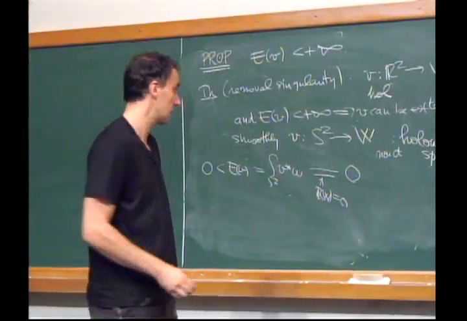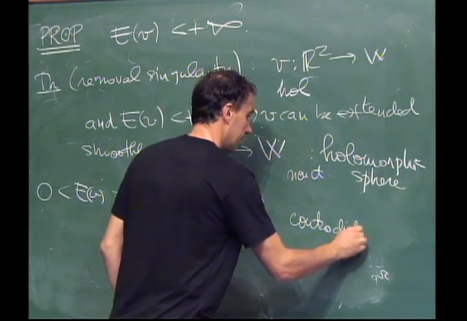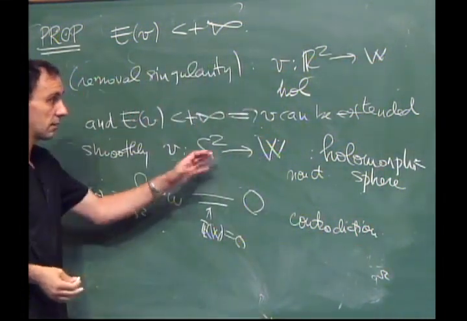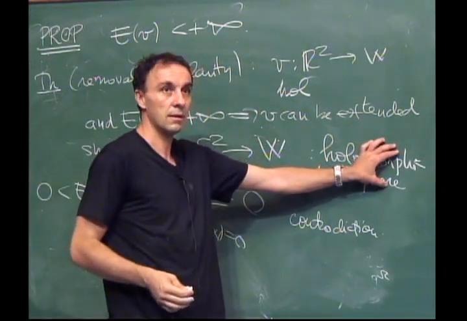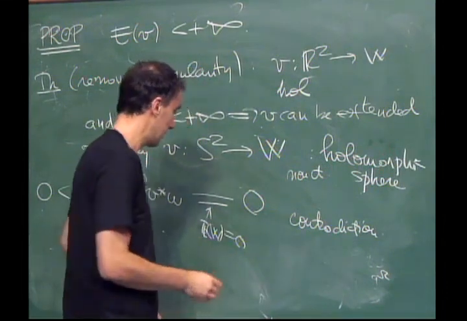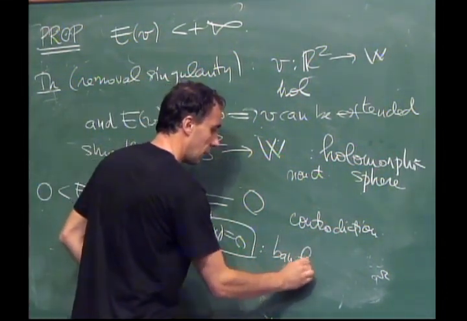Okay? So this is a contradiction. So yeah, holomorphic spheres are an obstruction to the compactness of these spaces of trajectories. And this condition here is made to ban holomorphic spheres.